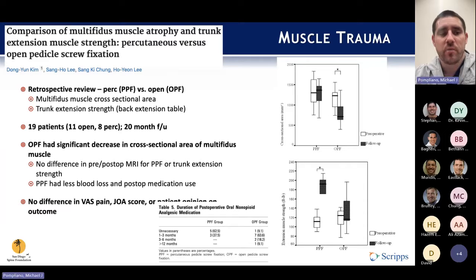As a retrospective review, they compared MRI pre and post operatively and looked at the cross-sectional area, which was significantly decreased in the open group, but no difference in the percutaneous group. There's also less blood loss and lower postoperative medication use in the percutaneous group, but no difference in VAS, JOA score, or patient opinion on outcome.